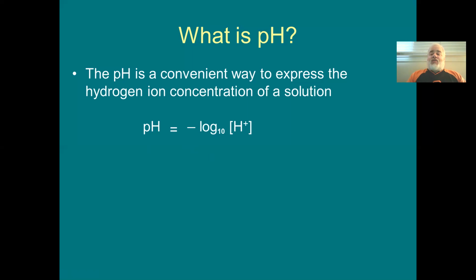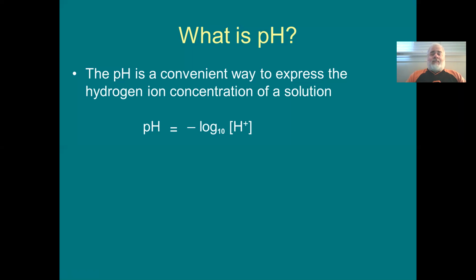So at a pH of 0, you've got massive amounts of hydrogen ion concentration. It is the most concentrated hydrogen ions you can have in a water solution, pH 0. pH 14 is the lowest possible hydrogen ion concentration.